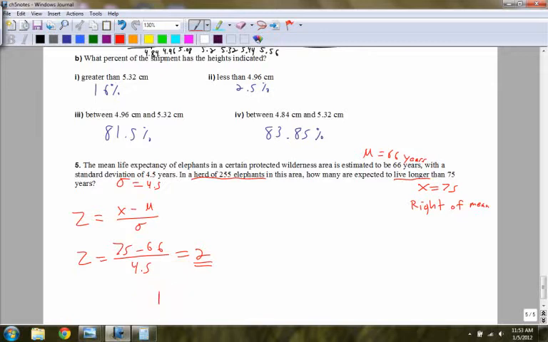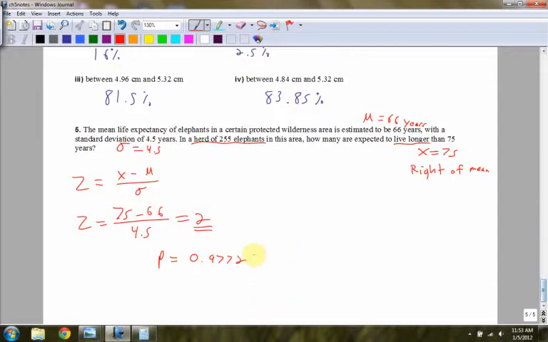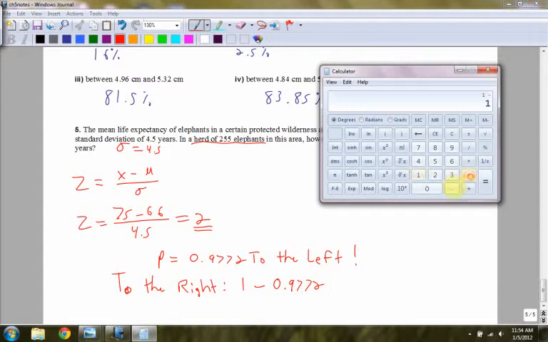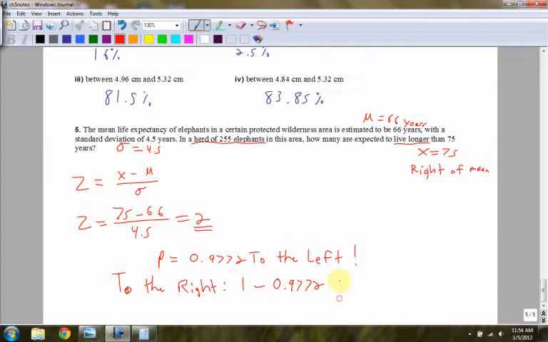My probability equals 0.9772, but that's to the left, right? So to the right, we need to take 1, or 100%, and subtract off my 0.9772. 1 minus 0.9772 leaves me with 0.0228.